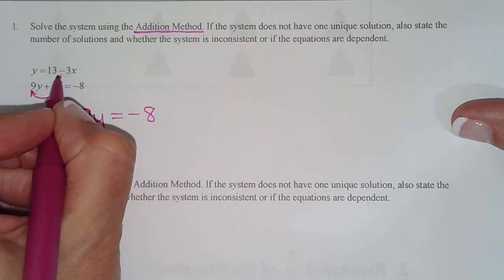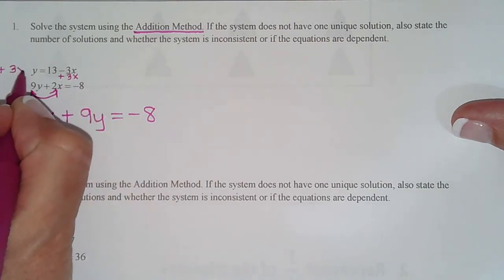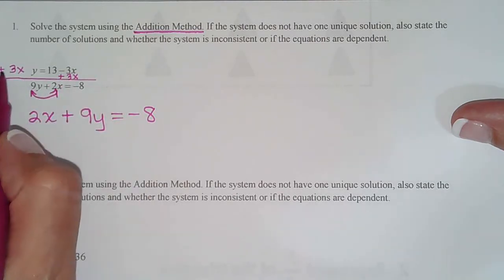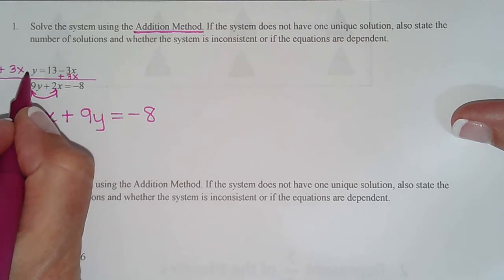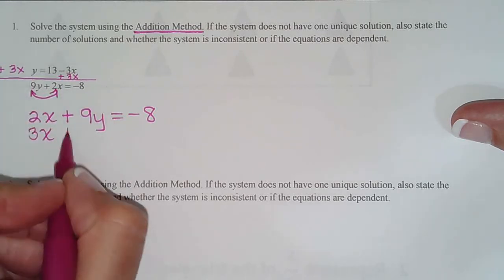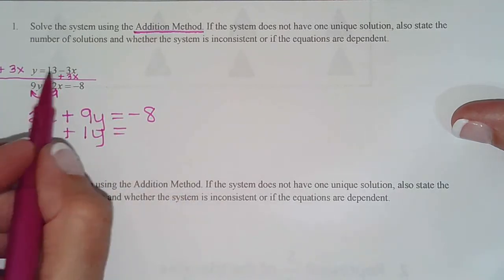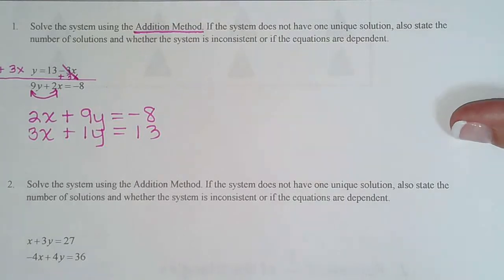So let's add 3x, and then we have to add 3x here. So that's going to give us 3x, and then this would be plus, because there's no sign, 1y, and then that would be equal to 13, because the x's would cancel over there.